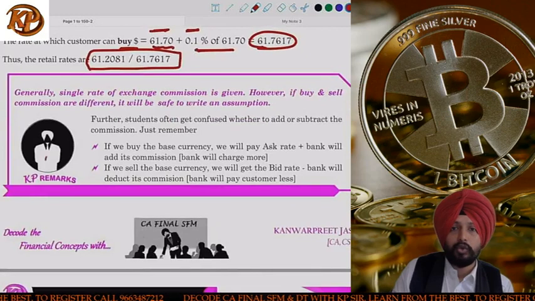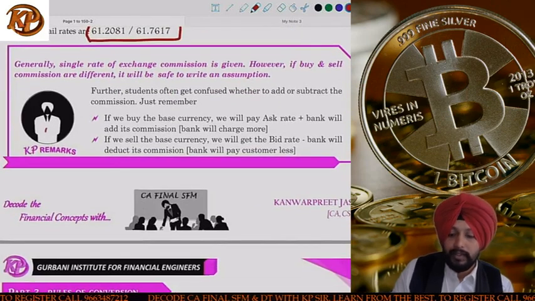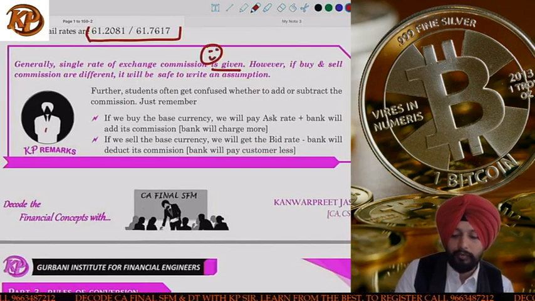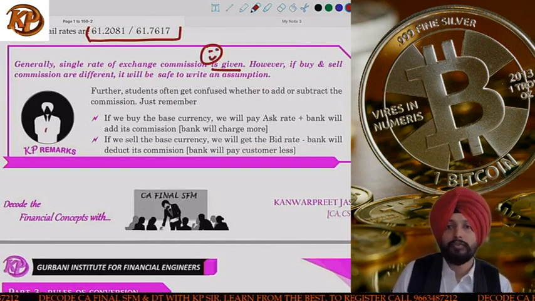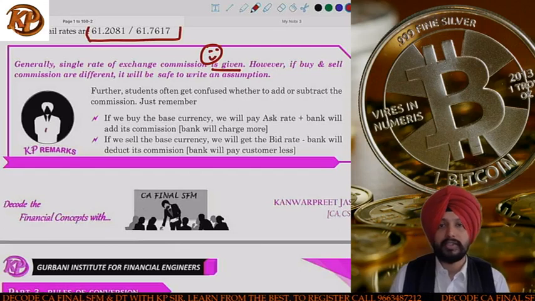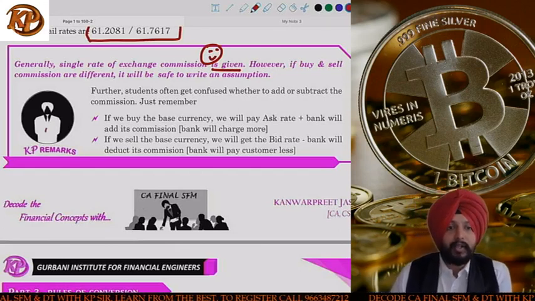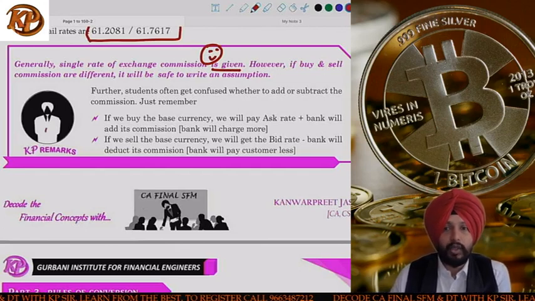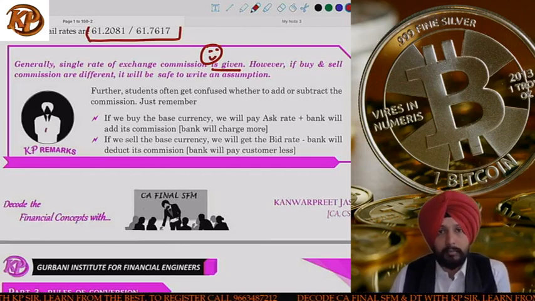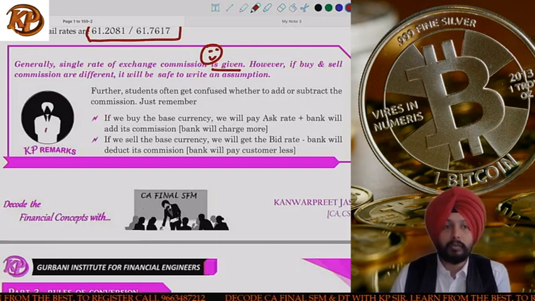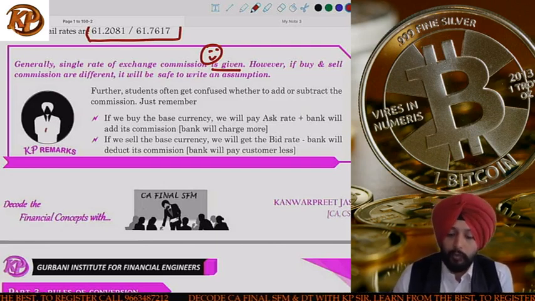If you read the note which I have given below, generally a single rate of exchange commission is given. If a single rate of exchange commission is given, that is good for us, because then there is no confusion whether this is for buying or for selling. However, if the buy and sell commissions are different, it will be safe for us to write an assumption, like we have written in the above sum, that we assume rates are given from customer's point of view.